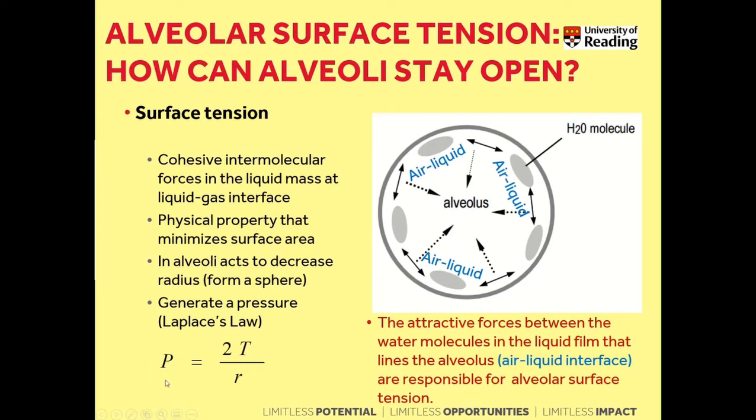And the collapsing pressure on an alveolus is proportional to the surface tension, but inversely proportional to the radius. So you understand that a large alveolus has a low collapsing pressure, whilst a small alveolus will have a high collapsing pressure.